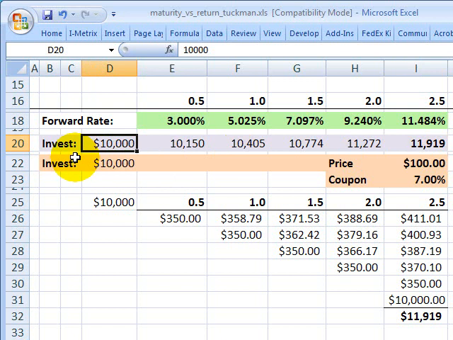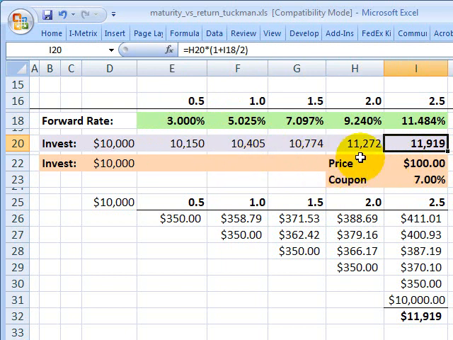So for example, $10,000 in 6 months is invested at the 3% rate. So 10,000 times 3% is 300, but it's only 6 months, so it's half of that. It's $150. There, the 10,000 grows to 10,150 in 6 months. Now this short-term investor then rolls that over at the implied forward rate of 5.025% and rolls it over and so on.